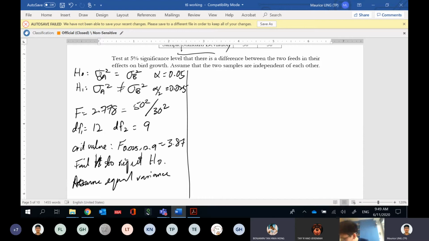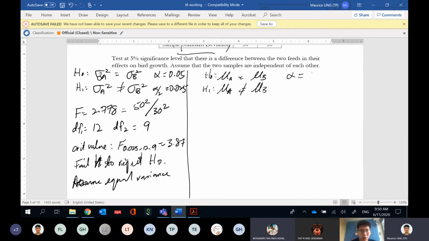Then let's go to your T test. What's your hypothesis here? Mu A equals mu B for the null hypothesis. Alternate hypothesis? Mu A not equal to mu B. Okay, your alpha?